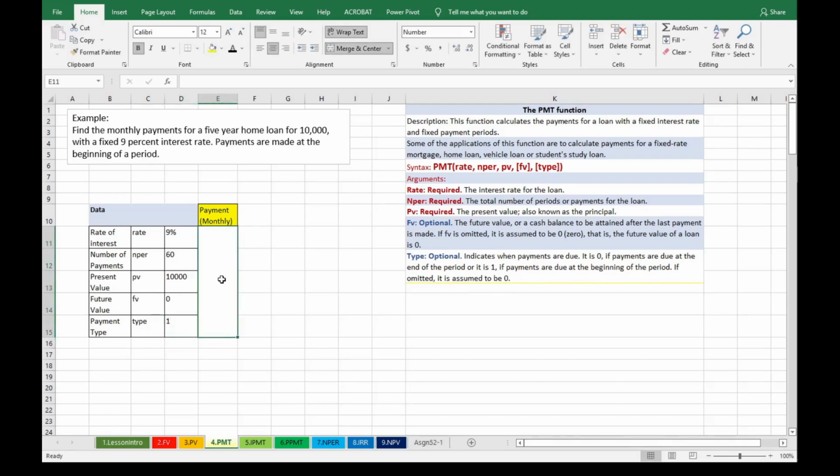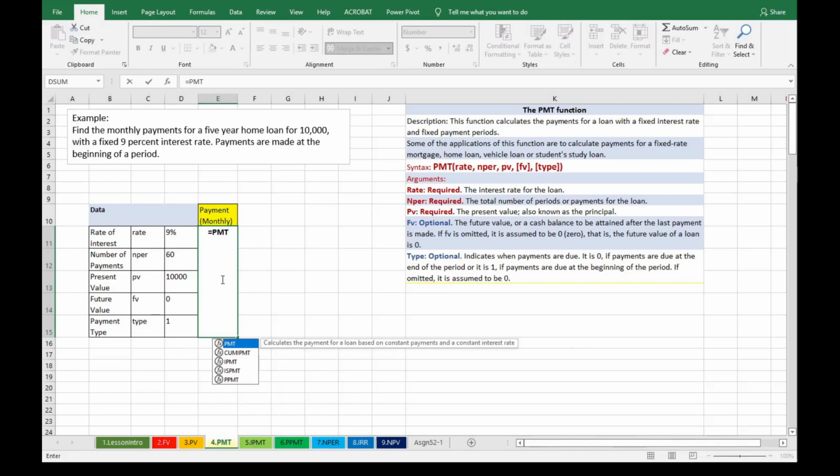Okay, so now let's enter our function, that is equal to, and we want the PMT function, payment function. And here rate is 9%, but we need to divide this by 12 because the payments are monthly. Then we have NPER, that is 60, number of periods is 60, which is already in months.